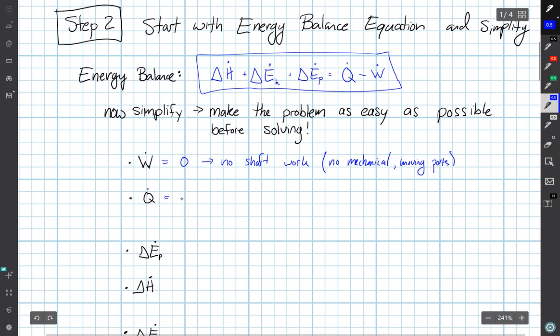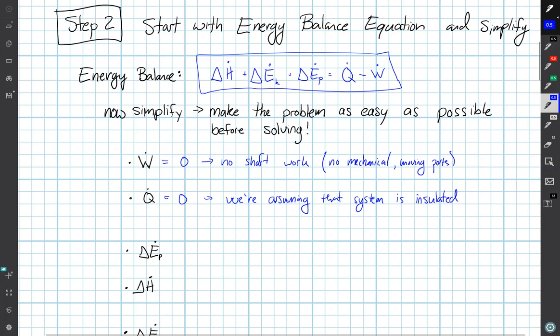Our heat transfer is equal to 0 because, well, I guess this is an assumption. We're assuming that the system is insulated. It's not necessarily insulated.